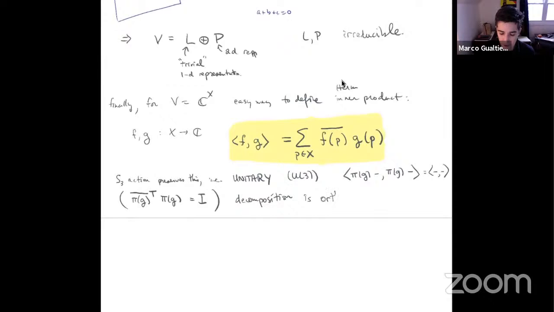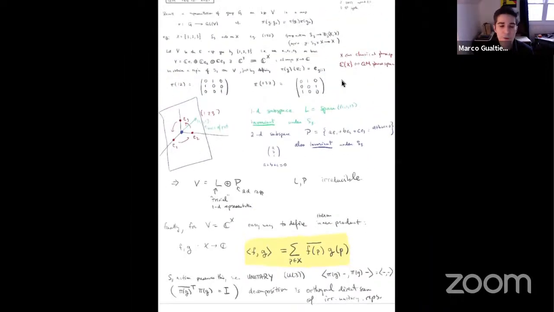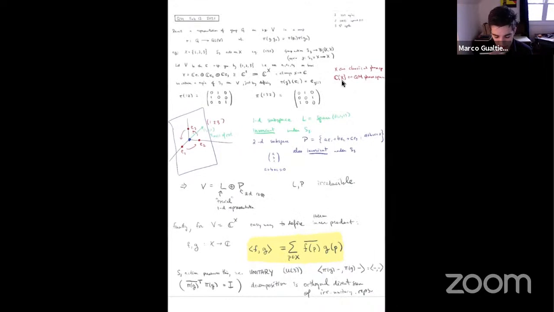It's an orthogonal direct sum of irreducible unitary representations. So I'm just trying to give you a really simple example where the way this theory works is more transparent, easy to see. Any questions about this?